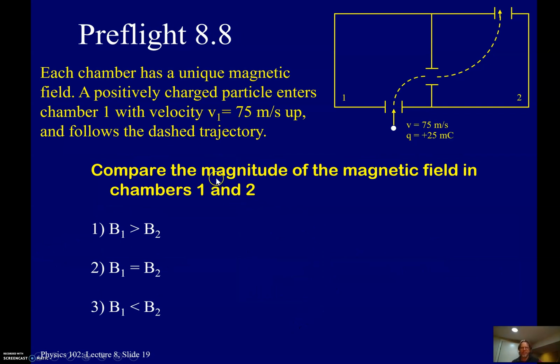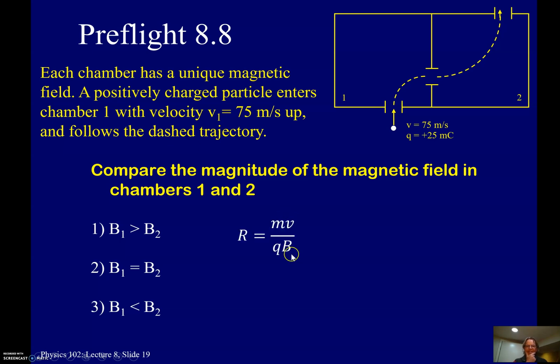All right, so now we have the particle coming in at 75. We have a charge of 25 millicoulombs. That's a good size charge. And it follows that dashed trajectory. Compare the magnitude of the field in chambers 1 and 2. Which one of these two would be a stronger magnetic field? Remember, the speed's not changing, and neither is the charge.